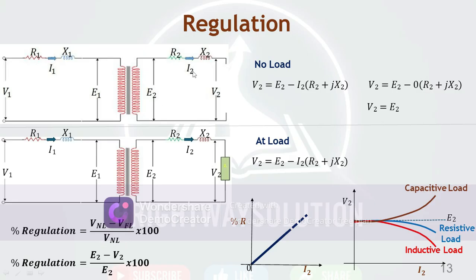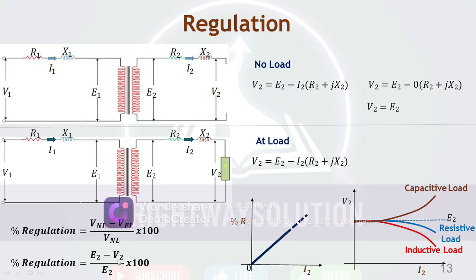Here the voltage drops across the primary winding after the EMF voltage E1, and there is a voltage drop across the secondary winding, after which we get V2, the terminal voltage at the secondary side.